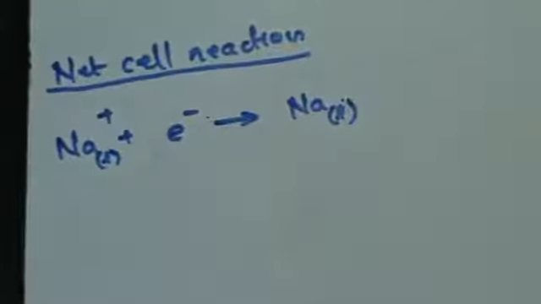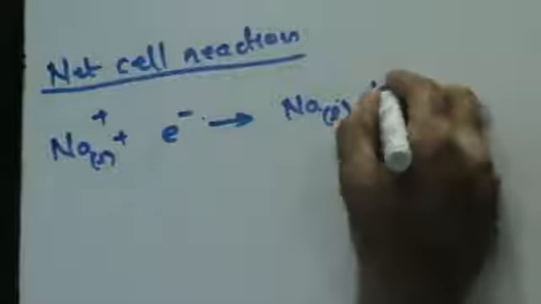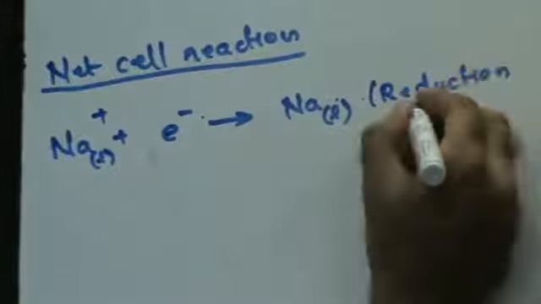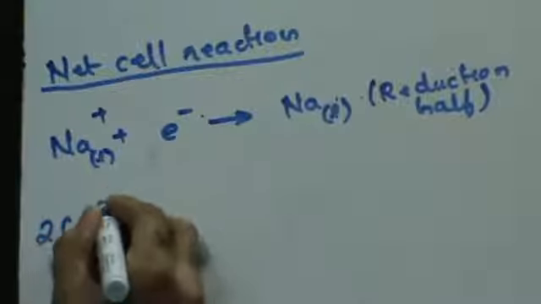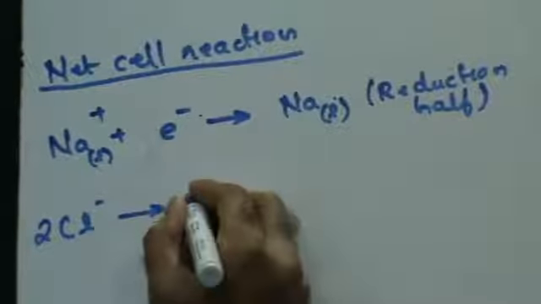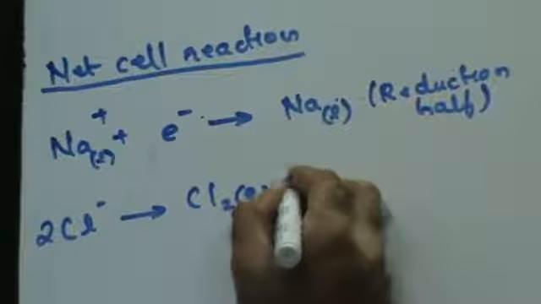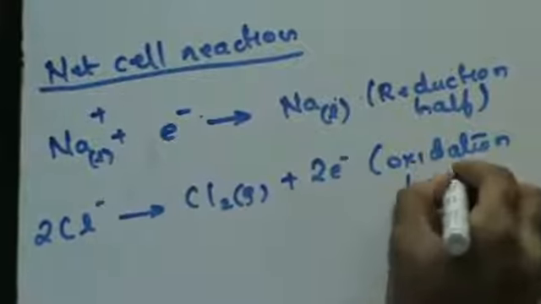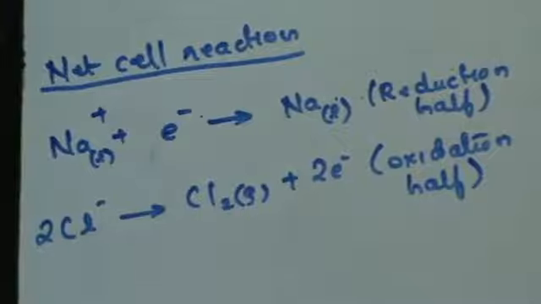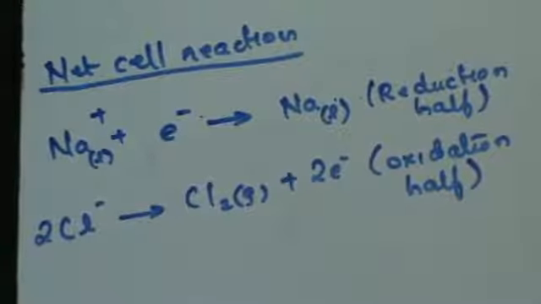And my oxidation half is 2 chloride ions will give you chlorine molecule plus 2 electrons. Now the number of electrons should be the same because the charge that is given out has to be equal to the charge that is absorbed. The reduction half has to be multiplied by 2 so that the electrons which are lost in the oxidation half can be gained in the reduction half.